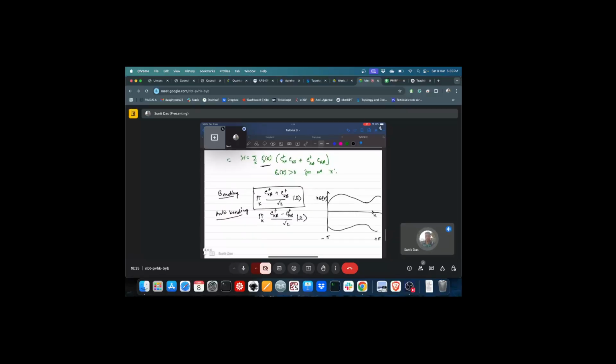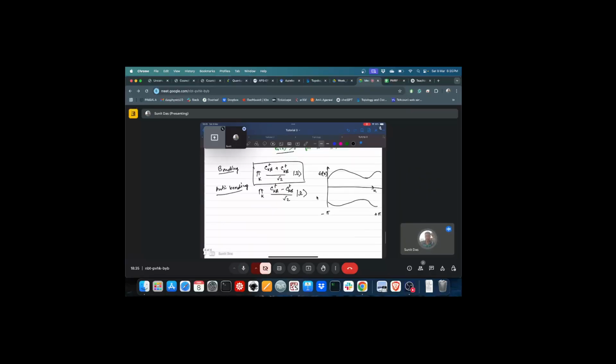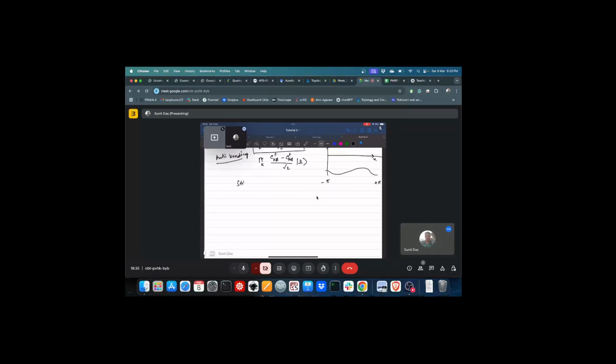As long as epsilon(k) is greater than 0, things are insulating, right? Again there is a gap, although the gap is not the same at every k. So essentially this is still a band insulator.